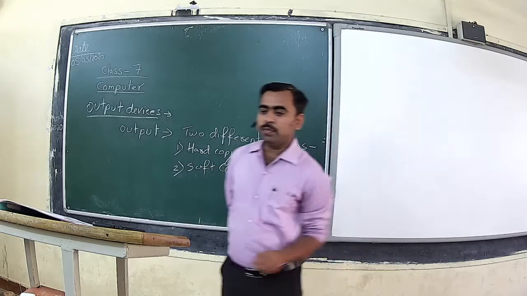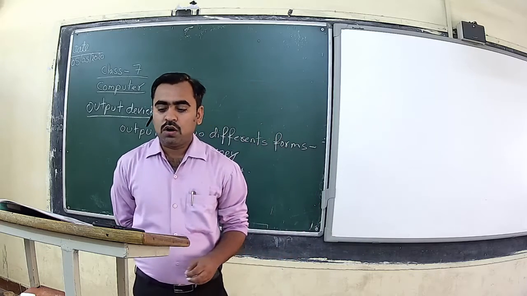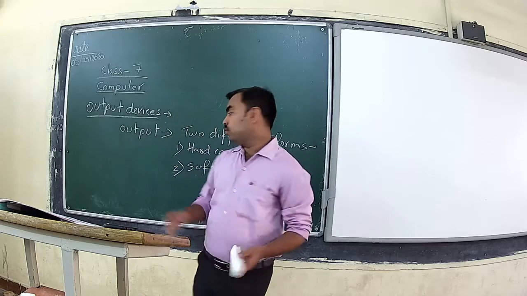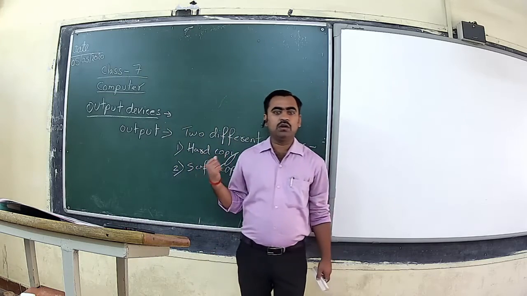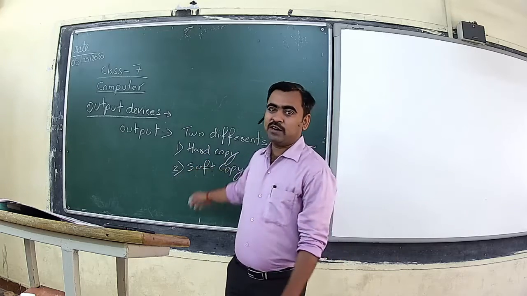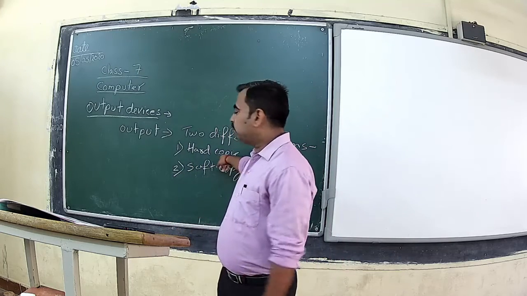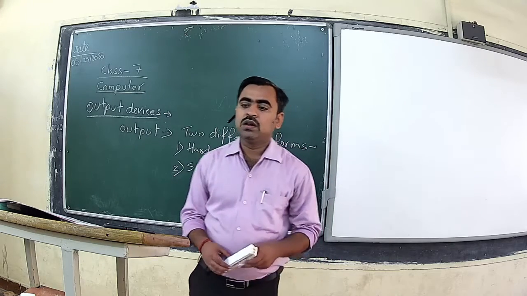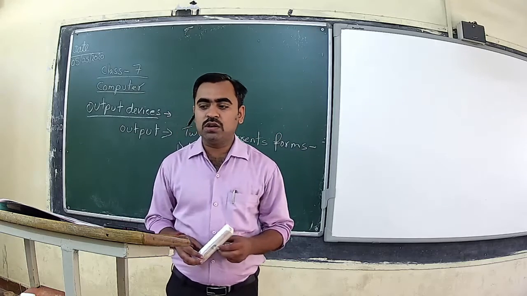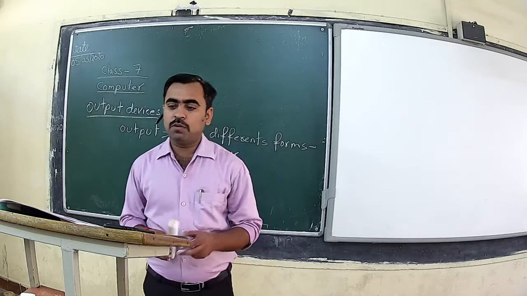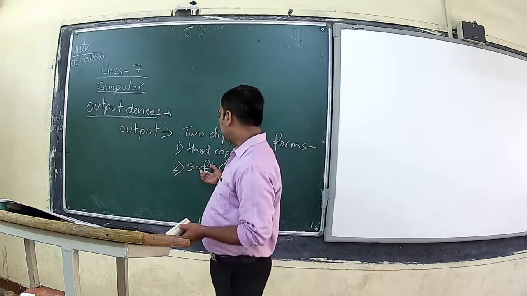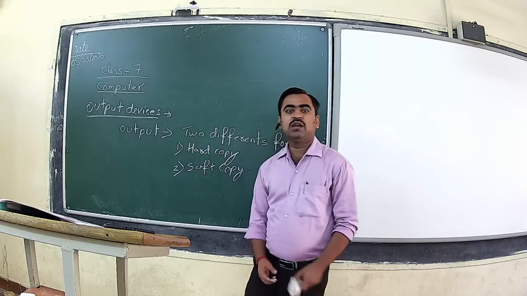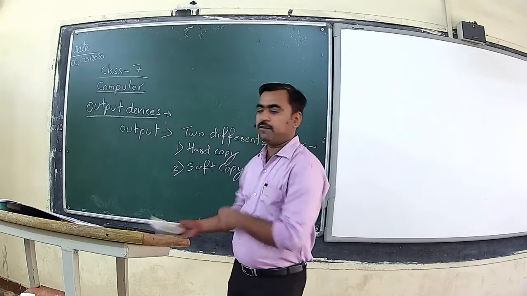The hard copies are the output which is printed on paper, the printed form of the output, whereas the soft copies are the output which is displayed on the screen.